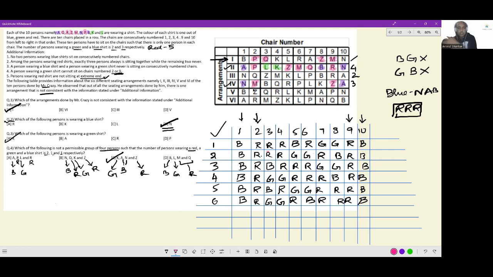This way, from this you can identify, and then maybe you need to color, you don't need to color. But the working can be done differently here as well. It is just that because I have a distinct advantage of being able to write on screen, I am doing it in a more comprehensive and expansive manner. But in case you are doing it in an exam hall, we don't really have the facility to write on screen. So our working should be done accordingly. That will be all for this set.